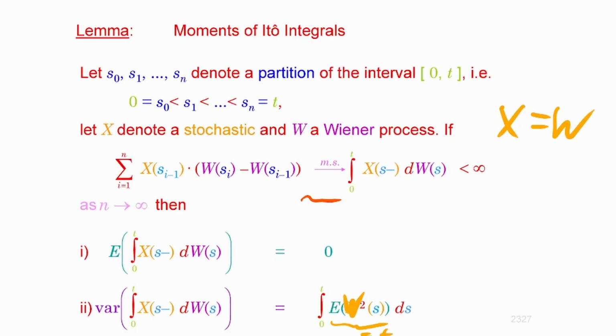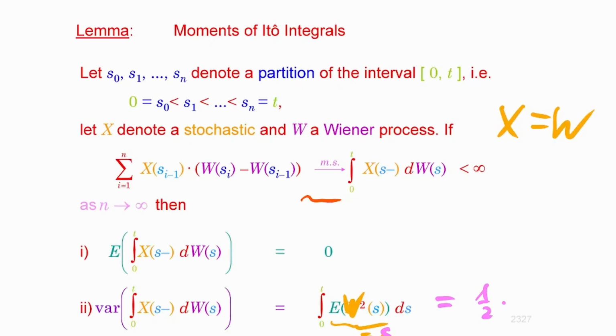For this example, you will have the integral of t. And if you integrate that, this is going to yield, sorry, that is equal to s, of course, because the variance of the Wiener process at time point s is going to be s.